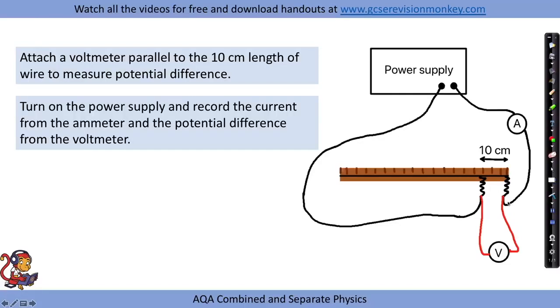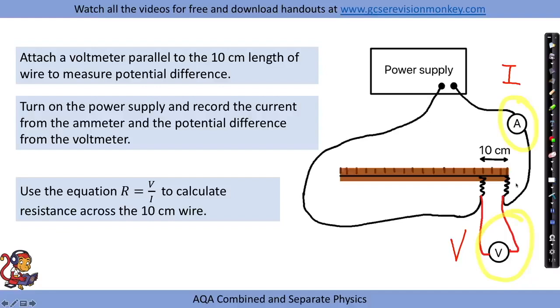We turn on the power supply and record the current from the ammeter, which will give us I. We will record the potential difference from the voltmeter here, and this will give us V. And finally, we use the equation R equals V divided by I to calculate the resistance across the 10 centimeters piece of wire.